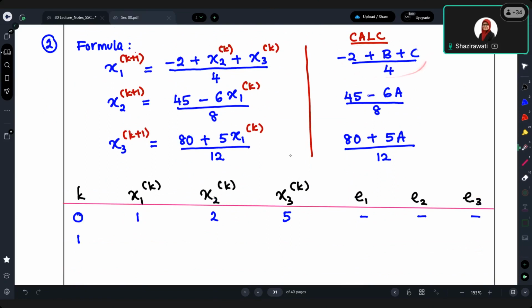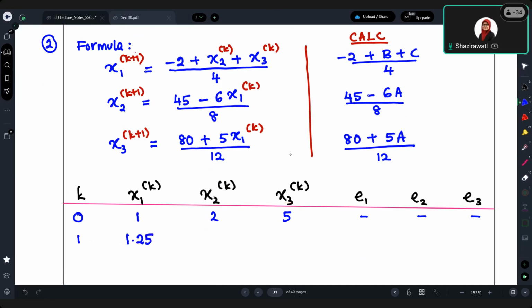So you press the calculate button and then dia akan tanya what is your B and what is your C. So B dengan C itu adalah your X2 dengan X3 value. Okay, faham. So you akan masukkan B adalah 2, C adalah 5. Okay, so you press equal, the calculator will give you 1.25, sama lah macam manual calculation tadi.